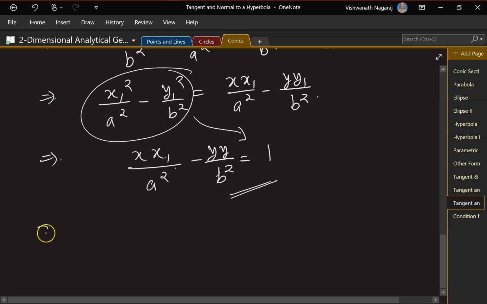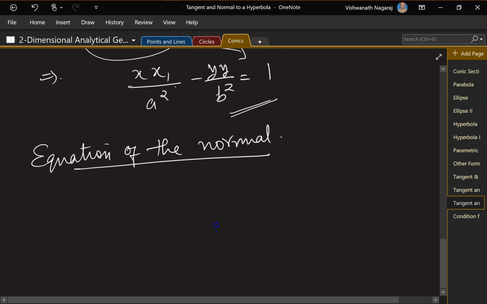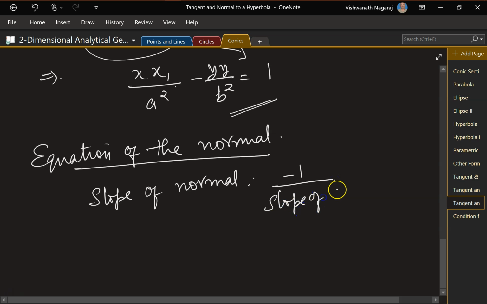Now let's look at the equation of the normal. The slope of the normal would be minus 1 by the slope of the tangent. Yes, the negative reciprocal.